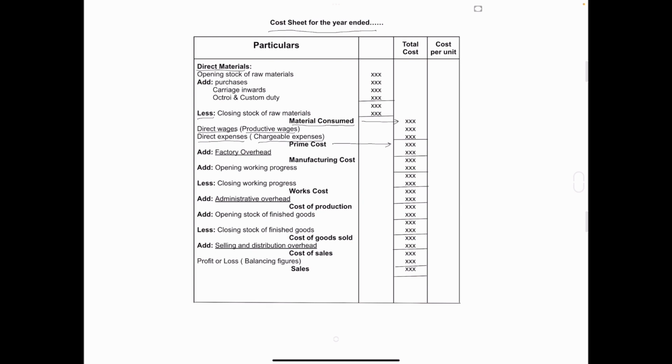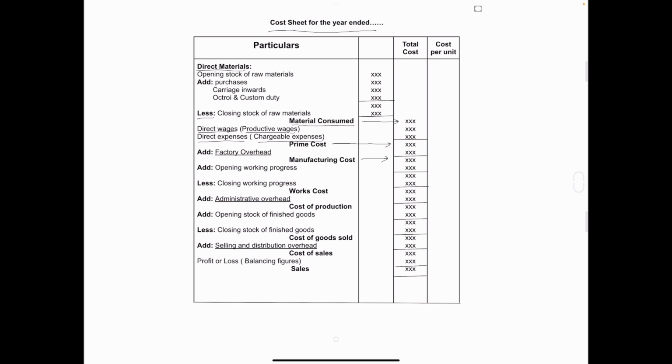Next, add factory overhead. Any charges or overhead relating to factory. For example, rent and rates of factory, depreciation on factory building, lighting, power, etc., works manager salary, all these overheads are recorded under this head, and the amount is called manufacturing cost.